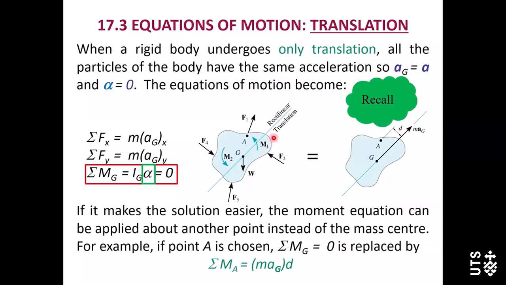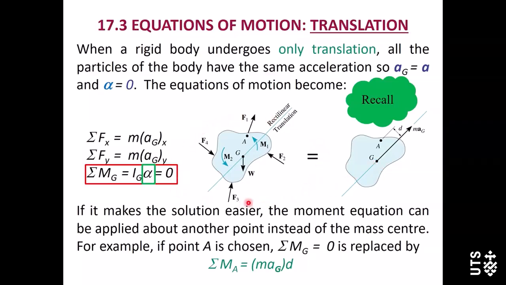Let's have a brief review. Firstly, translation. We studied this in week 6. For translation, for this rigid body, the angular acceleration alpha must be 0. So if we use mass center point G to calculate the kinetic moment, it must be 0.